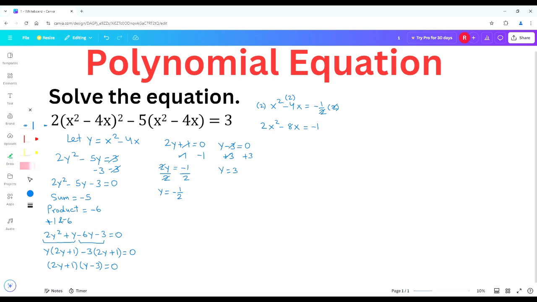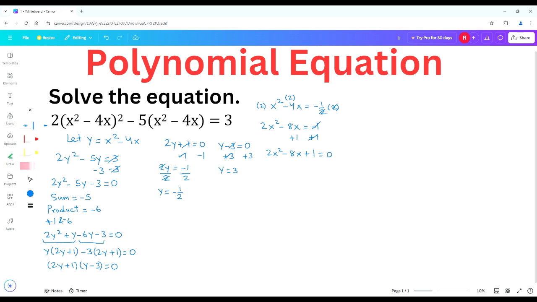Next, we can set this equation equal to 0 by adding 1 to both sides. Now we have to solve this complex trinomial to find the value of x.